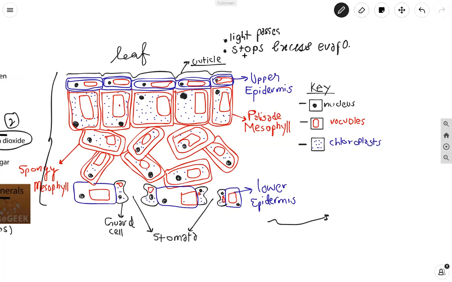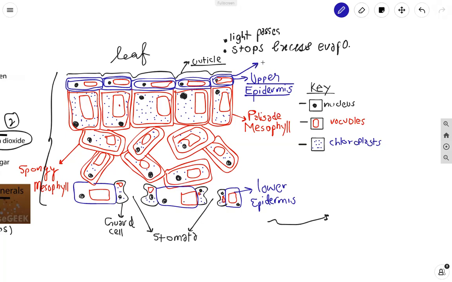And then underneath the cuticle we have the upper epidermis. This group of cells does not photosynthesize, but it does facilitate nonetheless.